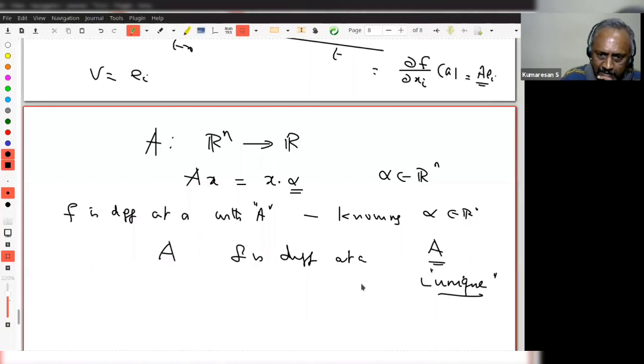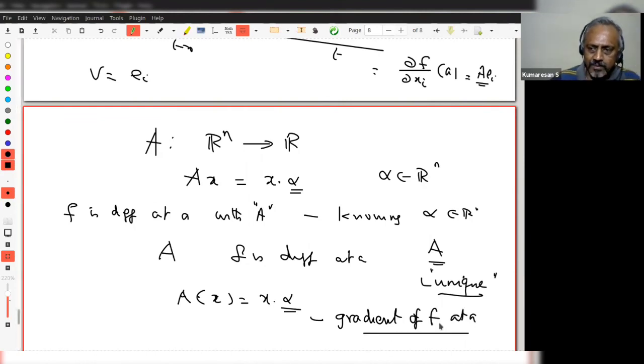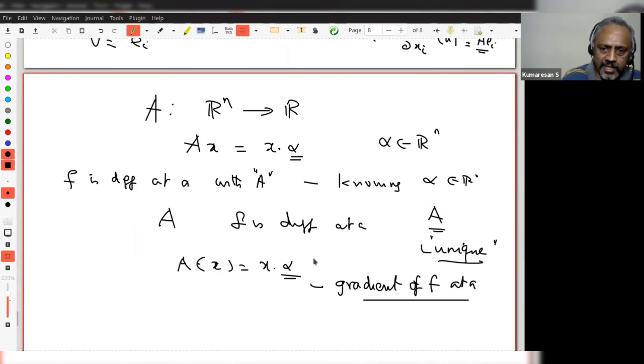Then this A is given by A acting on x equal to x dot alpha. This alpha is called the gradient of f at A. Go slow. This A is denoted by the derivative of f at the point A. This is my notation.